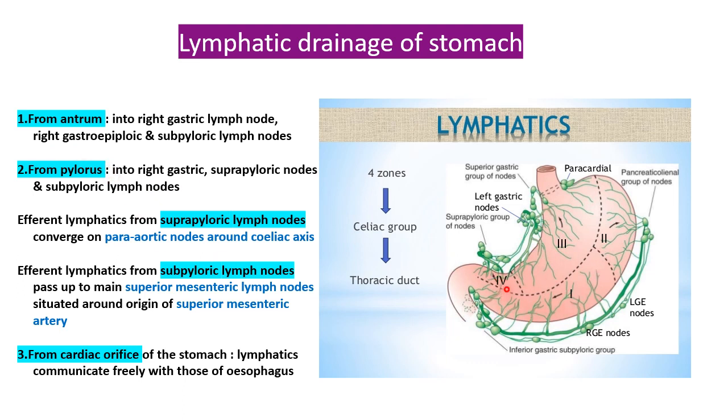From the antrum, that is around this region, the lymphatics drain into the right gastric, right gastroepiploic, and also the subpyloric lymph nodes here. So basically the antrum drains into the right gastric, right gastroepiploic and subpyloric lymph nodes.